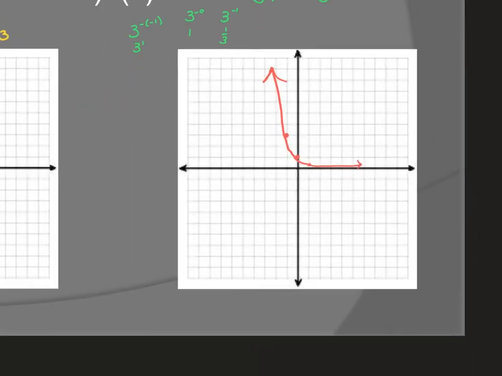Domain is still negative infinity to positive infinity. Range is still 0 to positive infinity with the parenthesis on the 0. Questions so far?